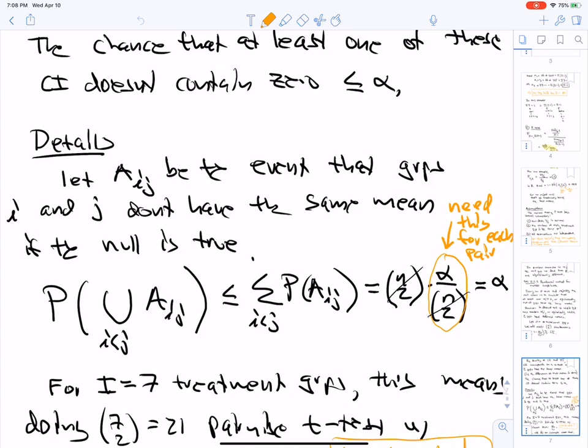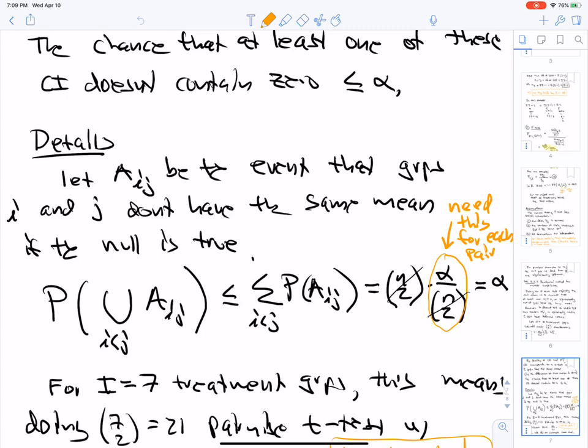So how much harder? What we're going to do is change the significance level for each individual t-test from alpha to alpha over n choose 2. To see why, we just have the addition rule. The probability of this union of Aij's is less than or equal to the sum of the probabilities of the Aij's. Given the null, the probability of Aij is your level of significance.